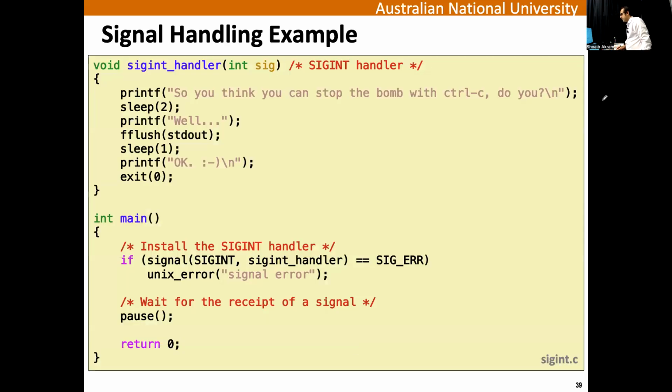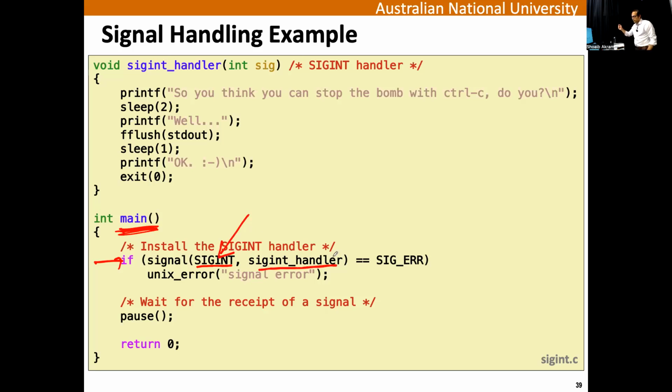So here's an example of a signal handler. Here, the user process, the main program, is installing a signal handler. It's telling the kernel, whenever there is a signal SIGINT for me, run this handler.